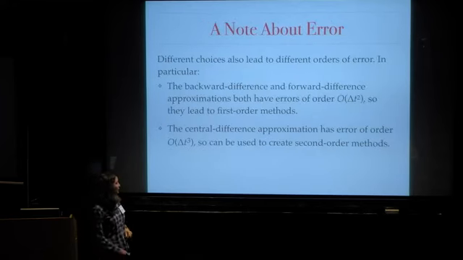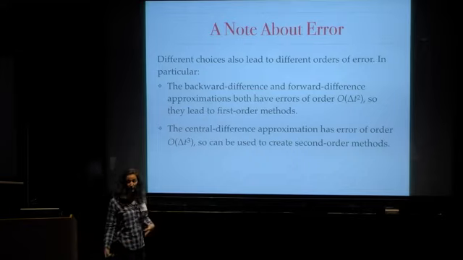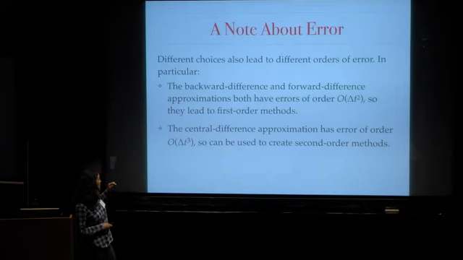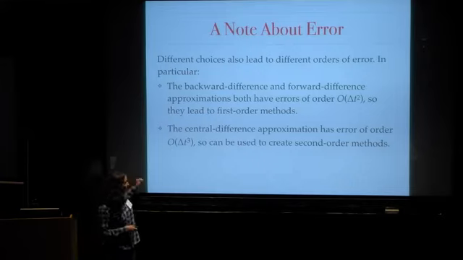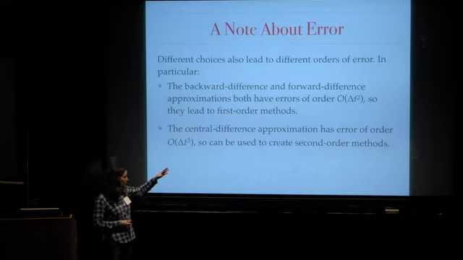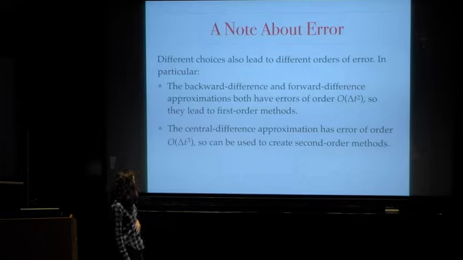Okay, so another thing to note is that different choices for what we put into that approximation lead to different orders of error in our numerical approximation. And so it turns out that the backward difference and forward difference approximations both have errors that are of order delta t squared. I haven't done the derivation here, but you can work that out.